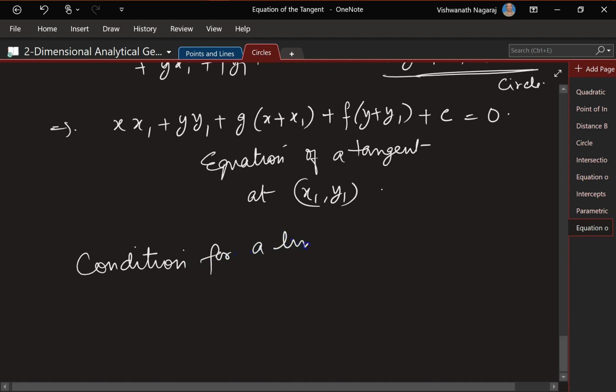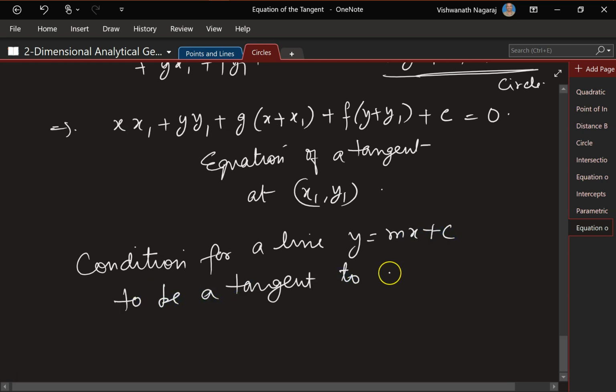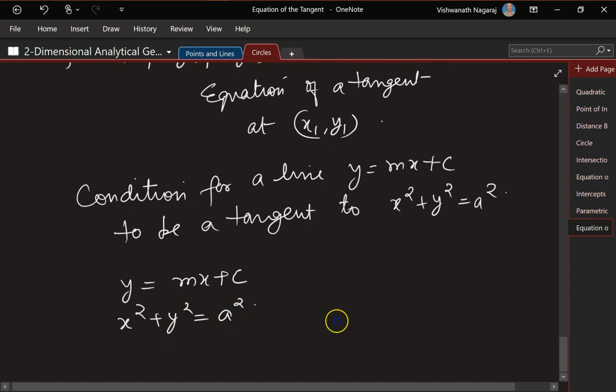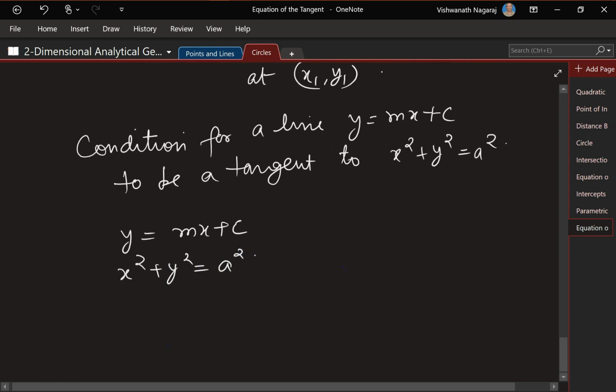Let's try to figure out the condition for a line y is equal to mx plus c to be a tangent to a circle at origin. So that is x square plus y square is equal to a square. So remember, mx plus c is the equation of the line, and x square plus y square equal to a square is the equation of the circle at origin.